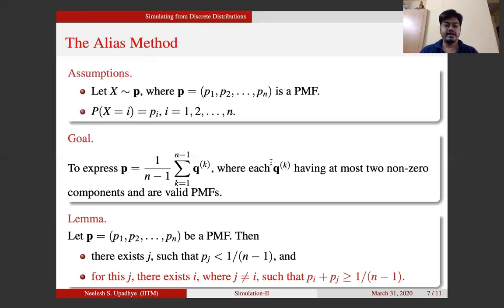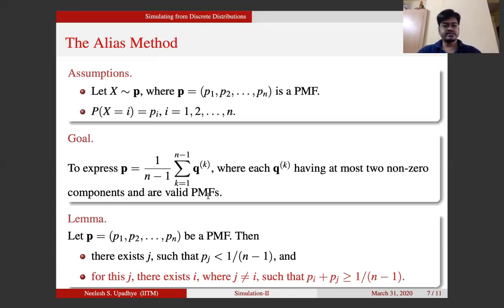So now I have a lemma which says that given any probability vector, there exists some j such that pj is less than 1 upon n minus 1, and for this particular j, there is a buddy or alias i which satisfies pi plus pj greater than or equal to 1 upon n minus 1.